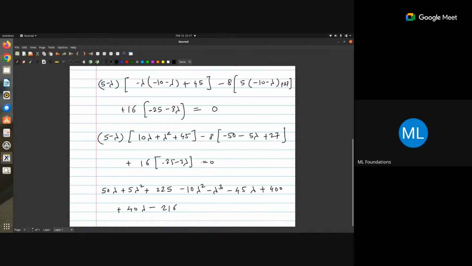Check the calculations. And minus 25 into 16, so 400. So that will be minus 400, minus 48 lambda, equal to 0.